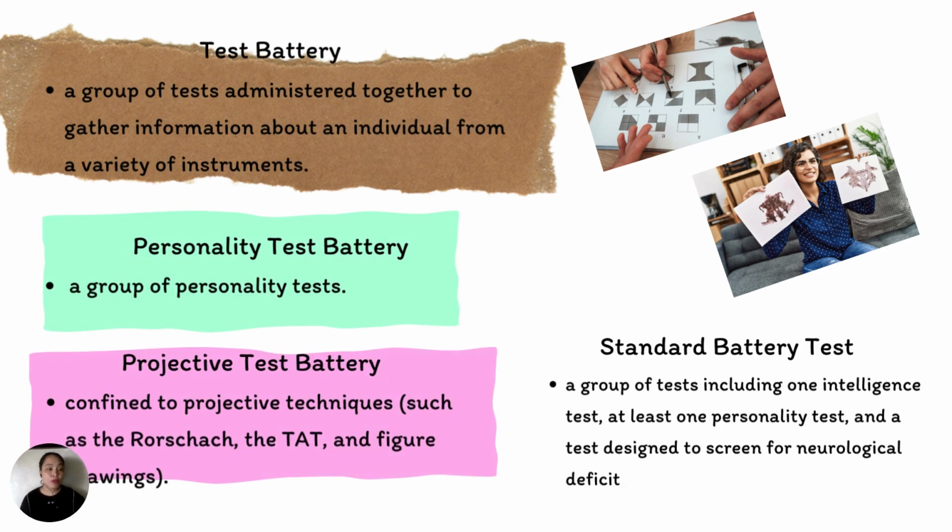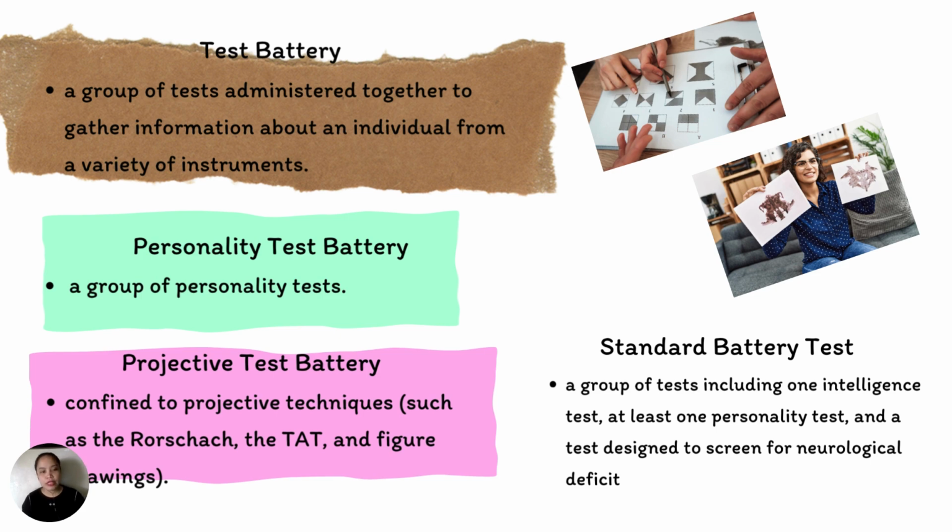Now we'll move forward with the battery of tests. Test battery refers to a group of tests administered together to gather information about an individual from a variety of instruments. Now, personality test battery refers to a group of personality tests.